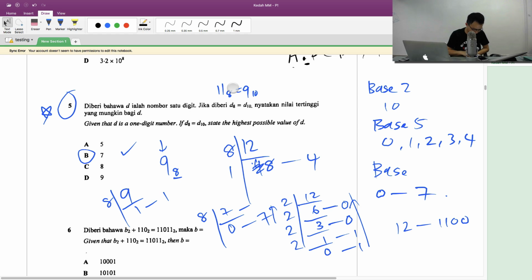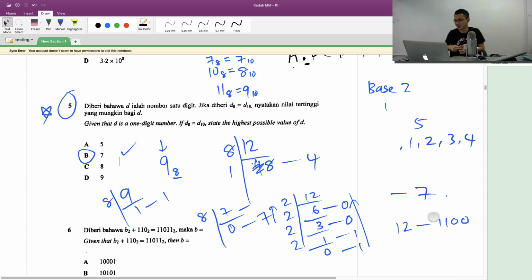If 8 in base 10, I change to the base 8 using the calculator, it equals 10 in base 8. So the closer one will be 7, because 7 in base 10, if you change to base 8, is still 7. So the answer is B. I'm very confirmed.